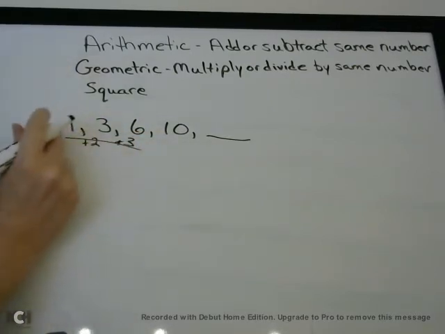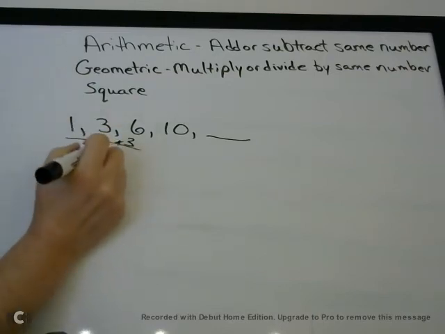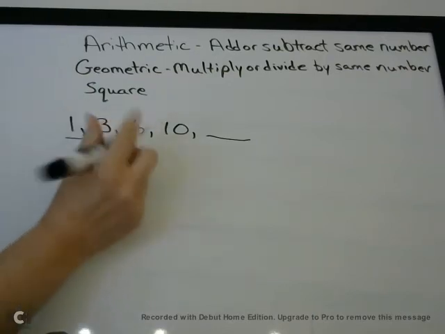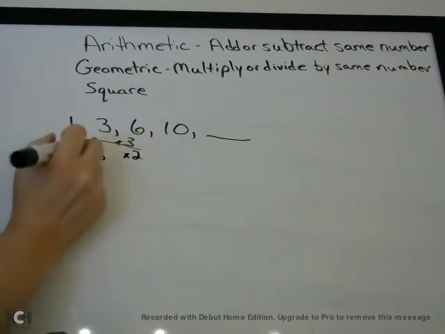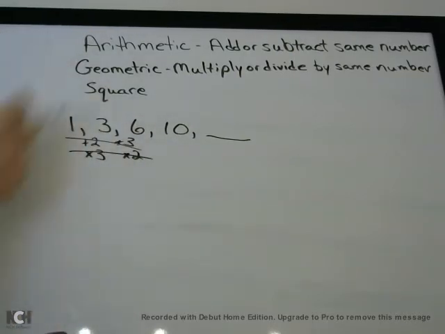Is it geometric? To get from 1 to 3, you have to multiply by 3. From 3 to 6, though, you're multiplying by 2. And those are not the same number. So it's not geometric. And we can see it's not squaring 1, 2, 3, 4, 5, etc. So now we're going to look for a pattern, and you should probably start with addition or subtraction.